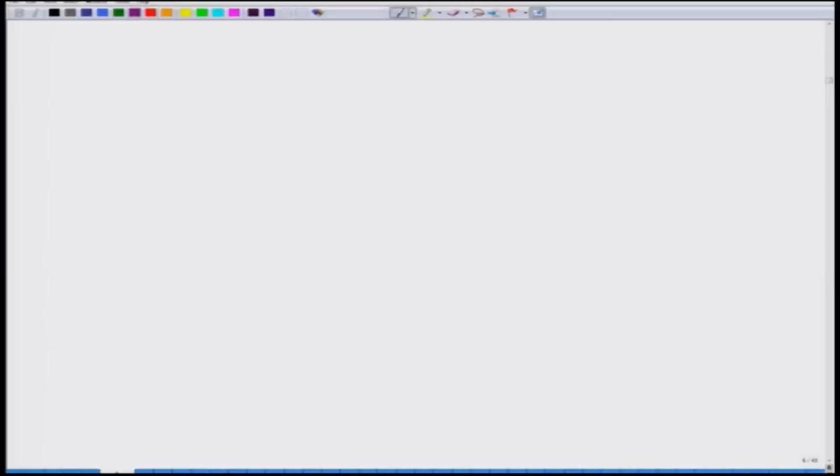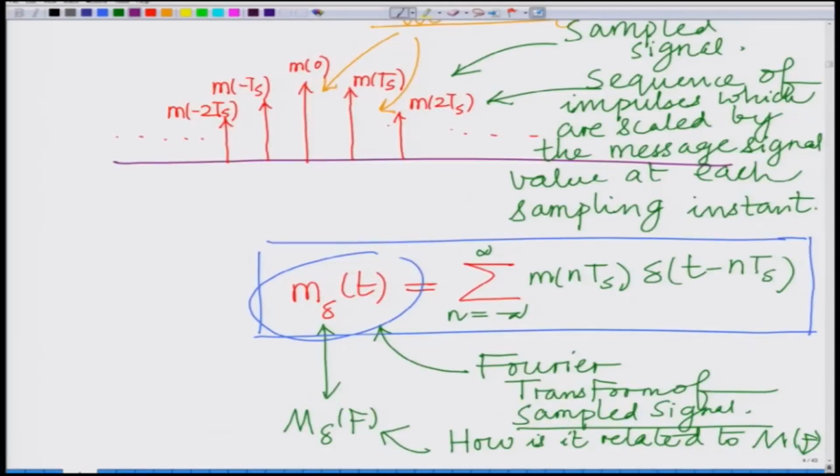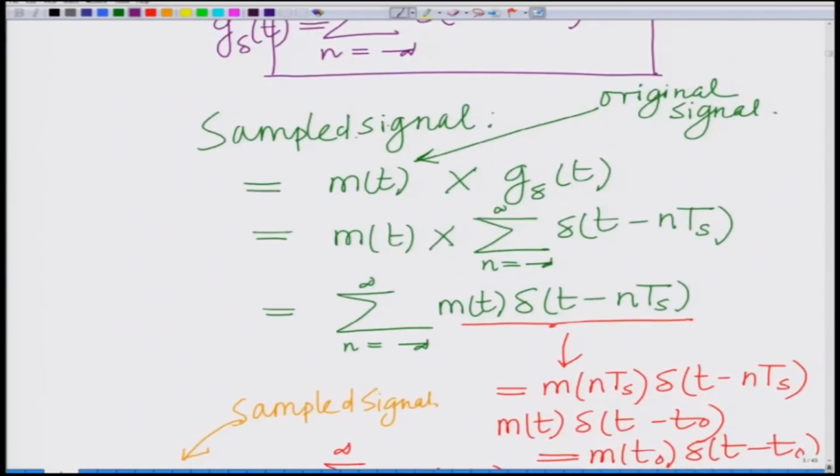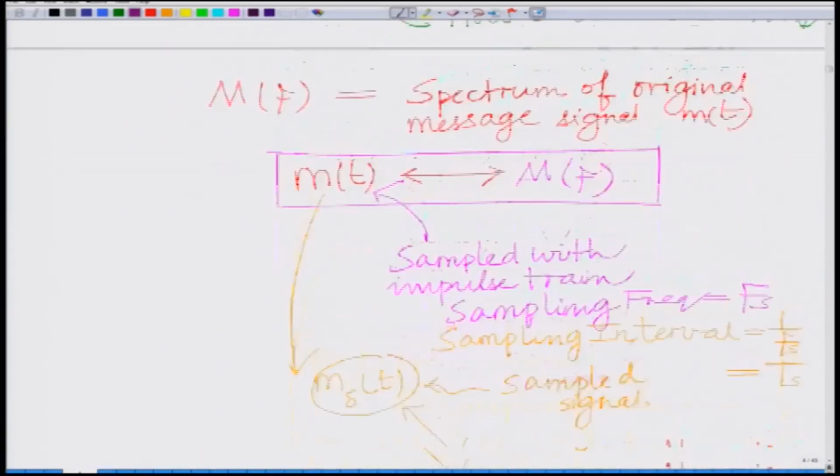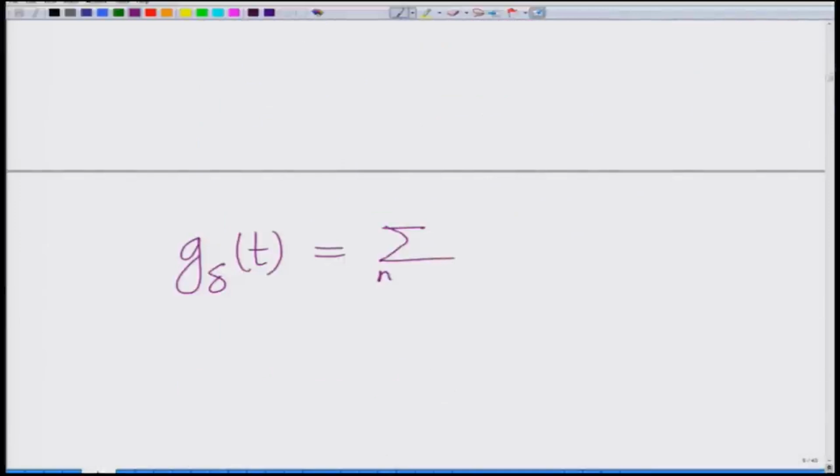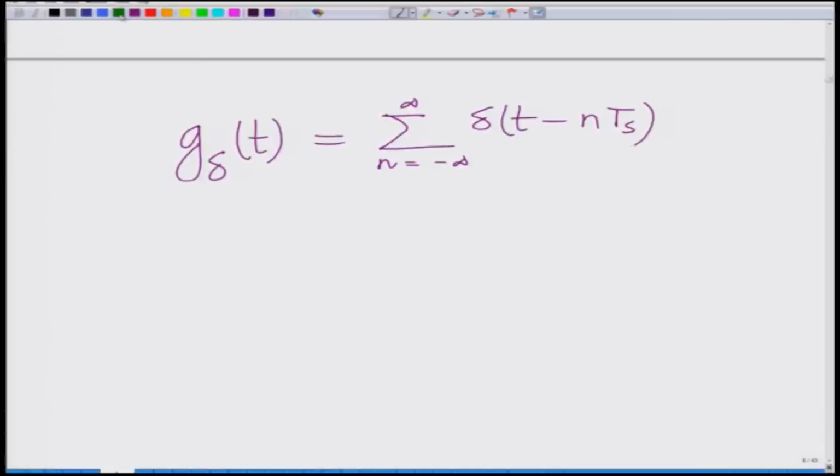Let us consider our impulse train, which is given by g_delta(t) equals the summation from n equal to minus infinity to infinity of delta(t minus n Ts), where Ts is the sampling interval, which is basically the time interval between the successive sampling instants.